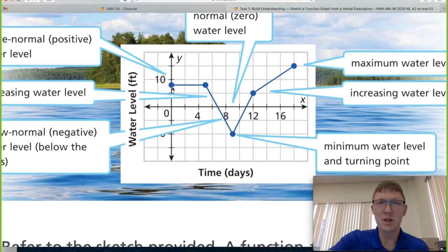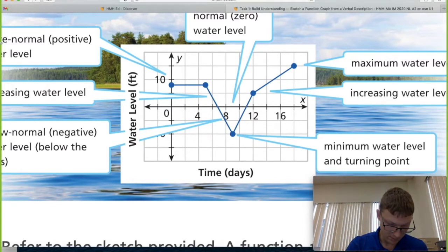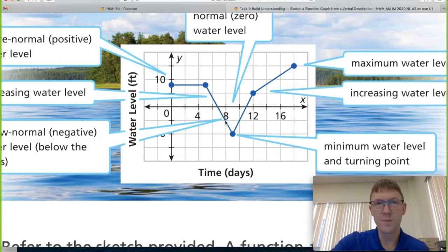So they had mentioned that the water level, so this is our quote-unquote normal water level right there. Let's see if I can use my fancy pen. So here is our normal water level. And then it said it started above normal. And there's a numerical value here, and I'm sure that's what that point is. And it remained constant. But then engineers dropped the water level at a constant rate.